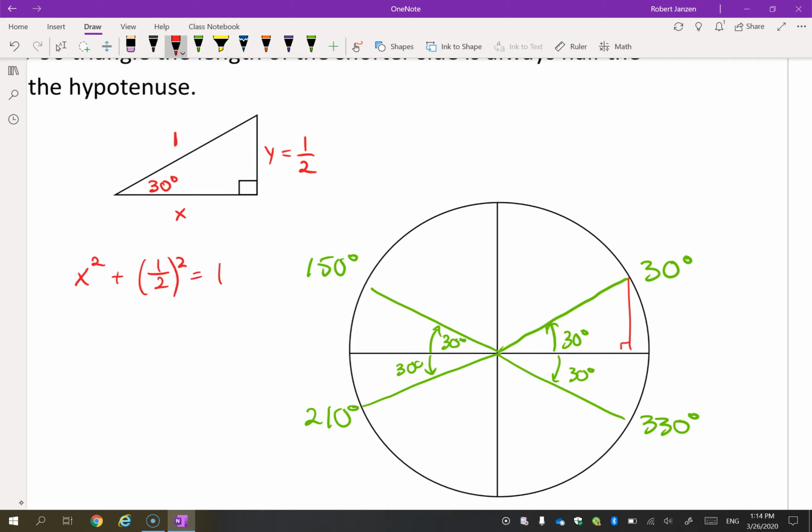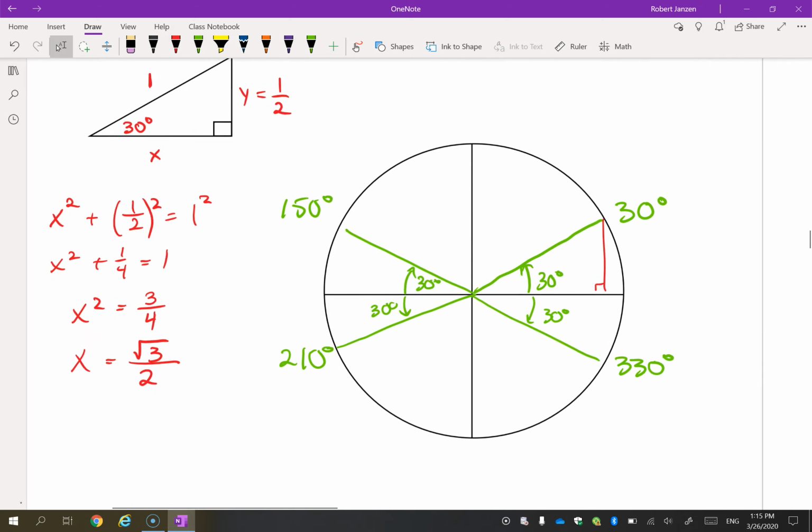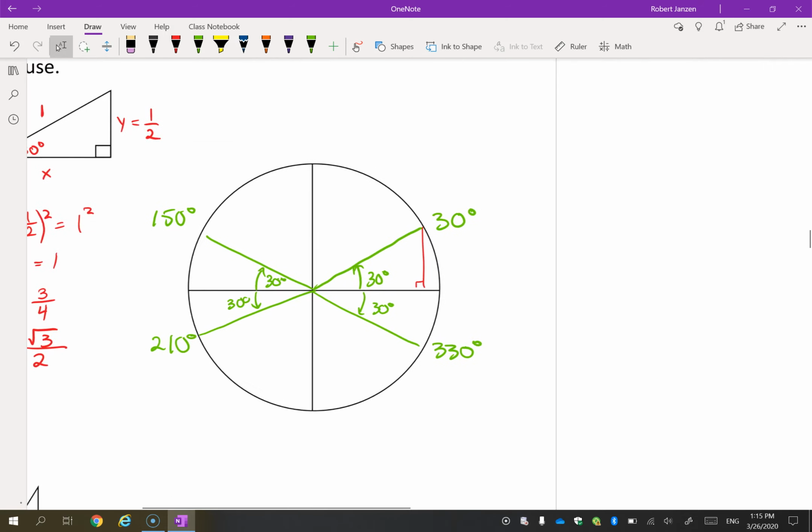X squared plus 1/4 equals 1. So x squared equals 3/4. And if I take the square root, I get the square root of 3 over the square root of 4, which is 2. So this location, the x value is root 3 over 2. The y value is a half.